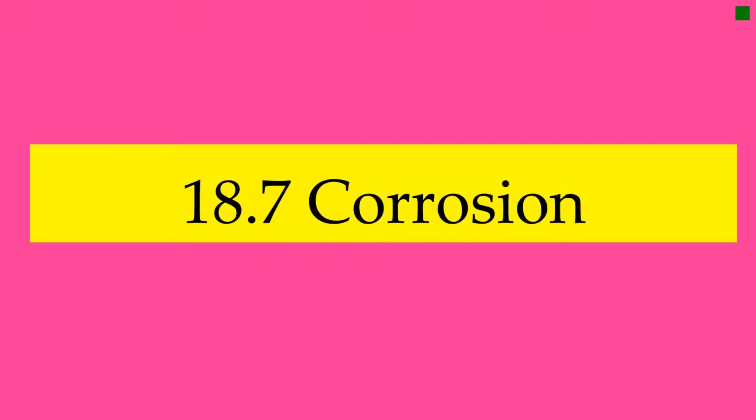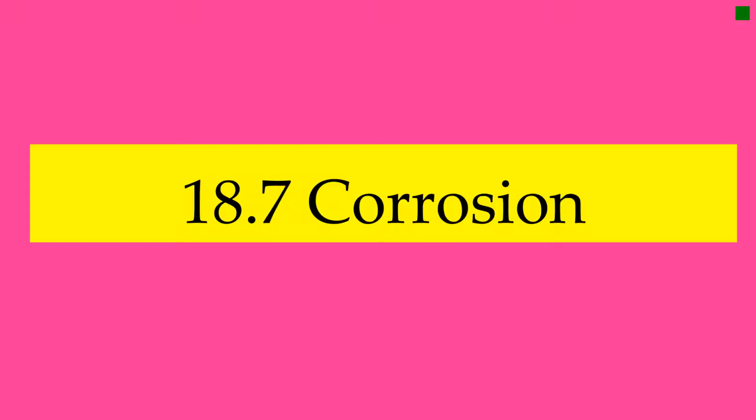So section 18.7 of chapter 18. In this section we'll be looking at corrosion. Corrosion may sound like a chemical term, but it's just a name that scientists decided to give a normal thing that everybody has seen in their life. You can see it taking place almost everywhere you go.